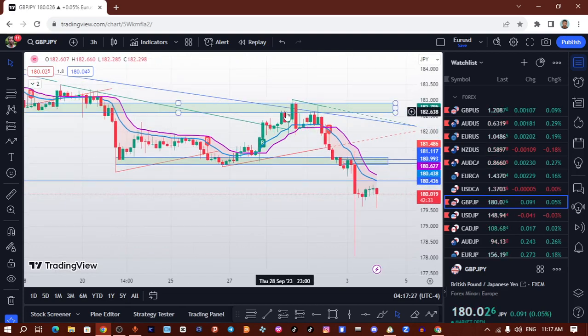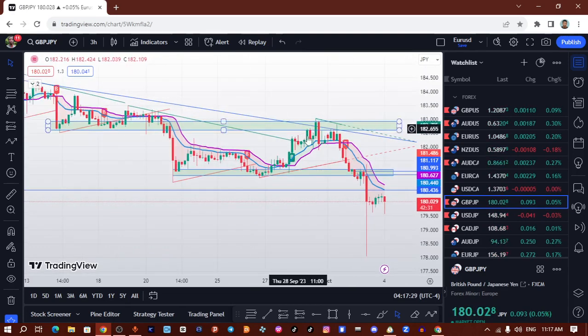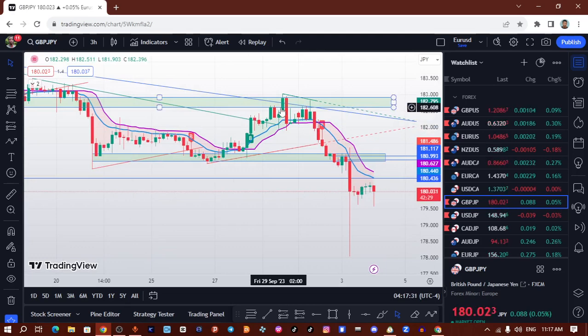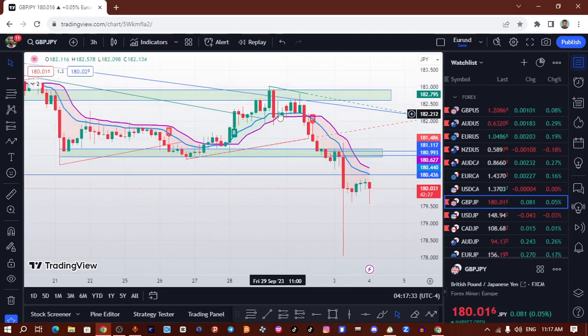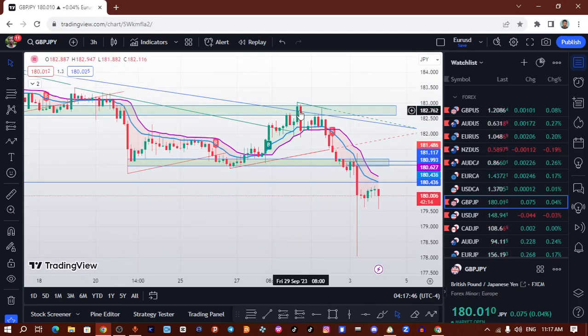They prepare themselves earlier, before the price even drops. They will not sell when the price is dropping. They will sell when the price is rising. The hedge funds, the banks, these huge institutions, they use these supply and demand zones.